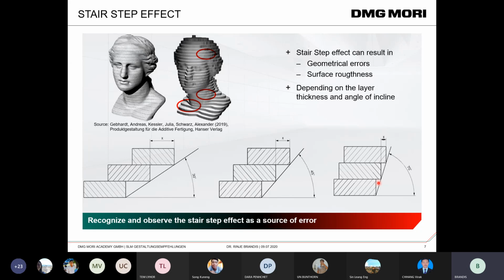And it's depending on the layer thickness and angle of the incline. The layer thickness typically is 50 microns, so it's not changeable, because if you reduce the layer thickness, you will automatically increase the printing time. And so often the more effective way is to choose a smart design to reduce this effect.